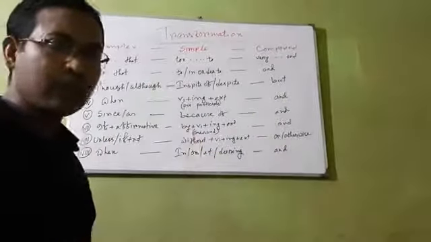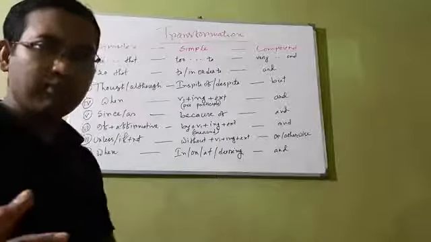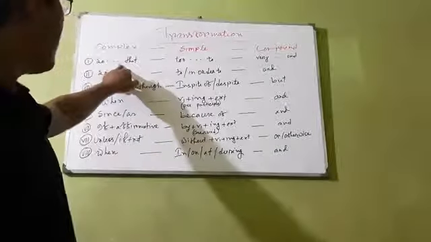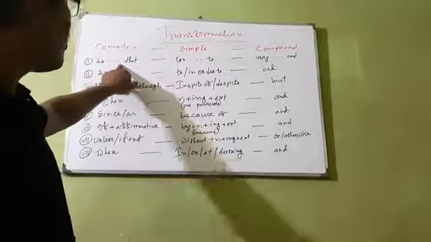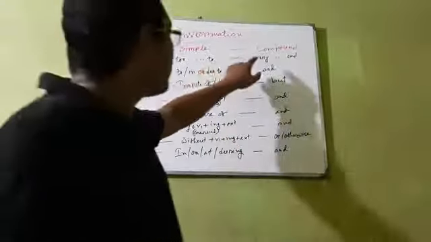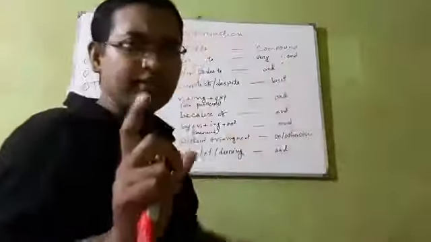Okay, I think I am able to make you clear. And if you are told to make this sentence into compound, then you have to instantly recall that you have to use very ... and this structure.